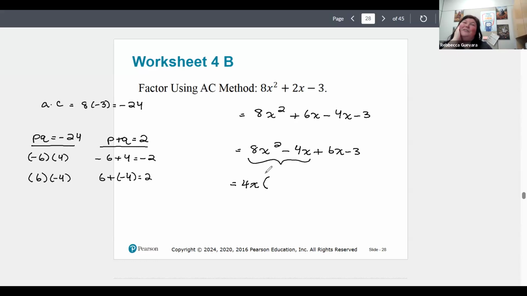So 8x squared divided by 4x leaves me with 2x, and minus 4x divided by 4x leaves me with minus 1. Both of these are divisible by 3, leaving me with 2x minus 1. So 2x minus 1, we just pull out as the binomial, and then we're left with 4x plus 3.